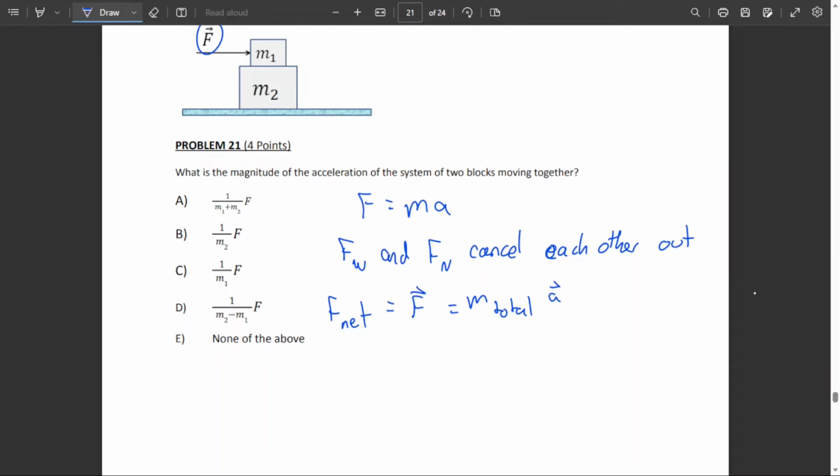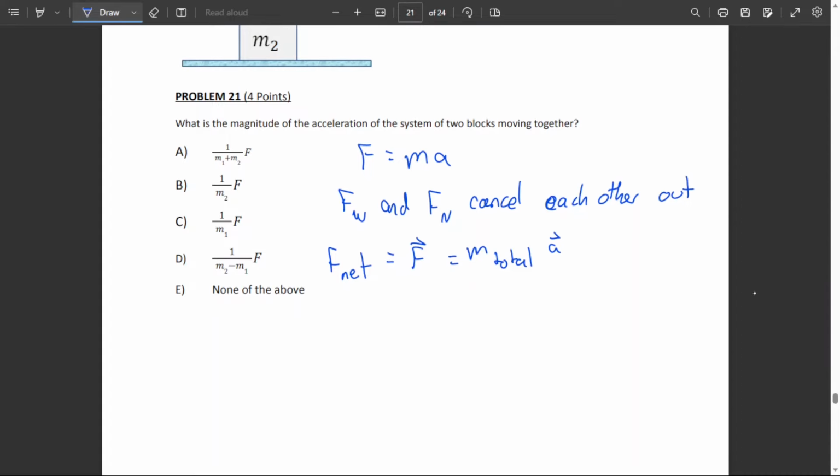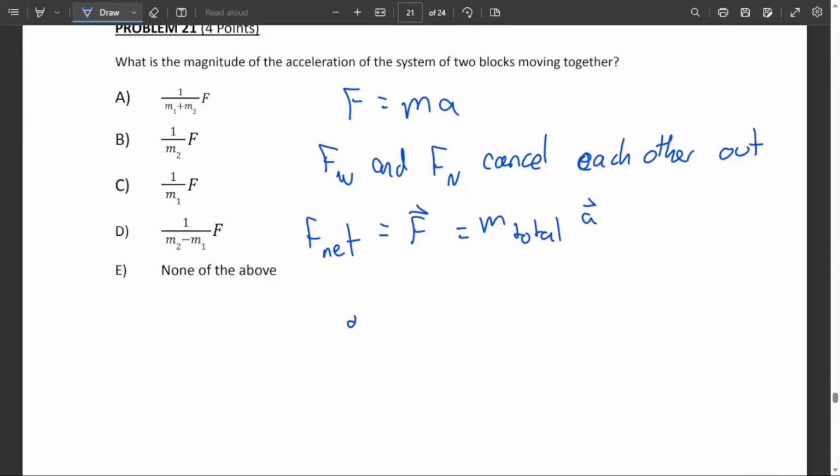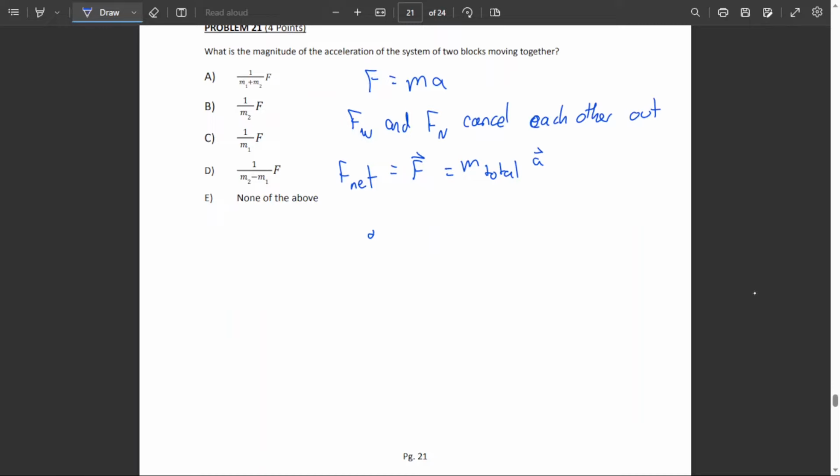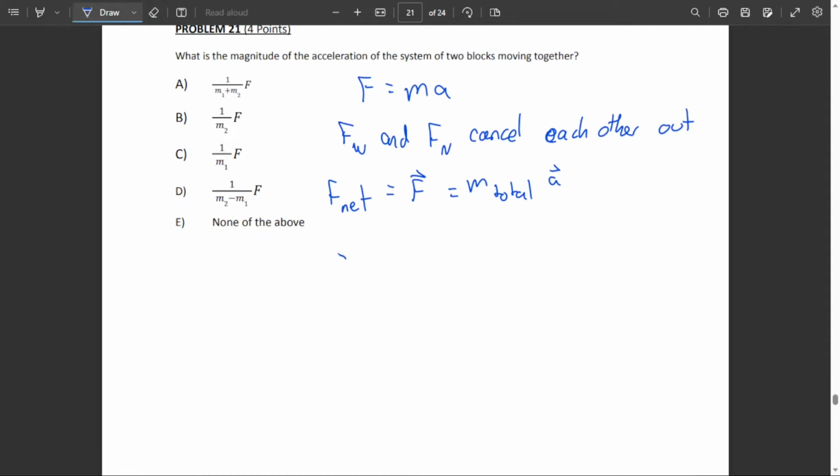And the acceleration is what we're trying to find. So if we just rearrange it a little bit, we get A equals force over total mass, which is m1 plus m2. It just wants magnitude, so we'll get rid of the signs. So that's our answer.